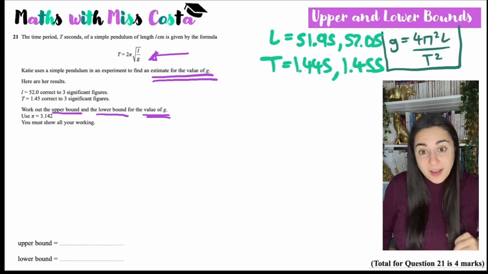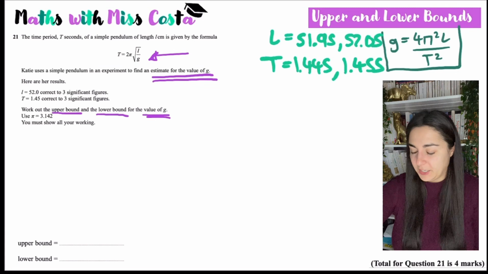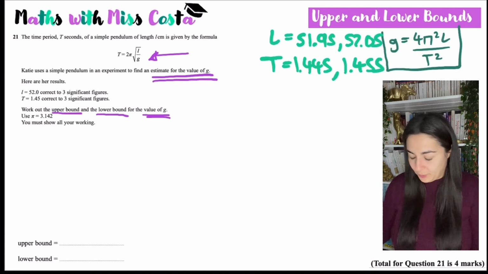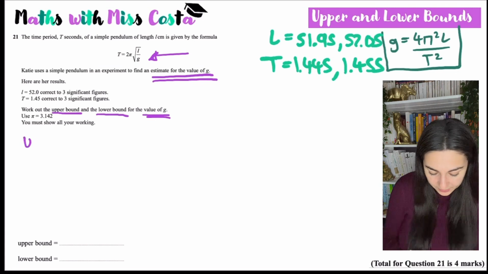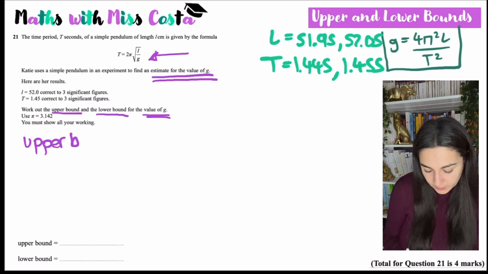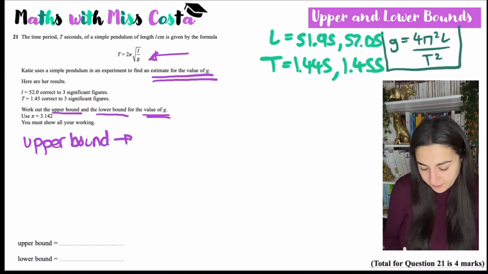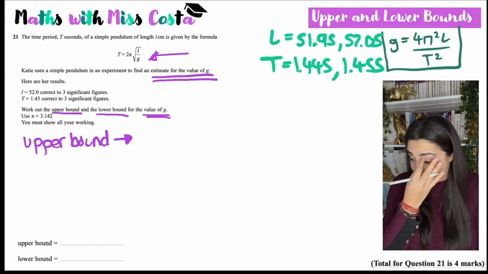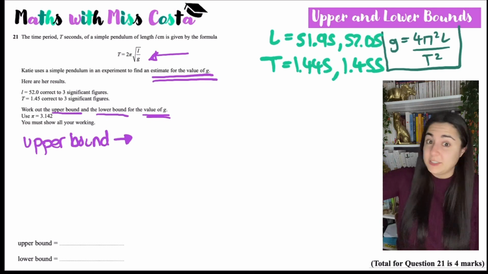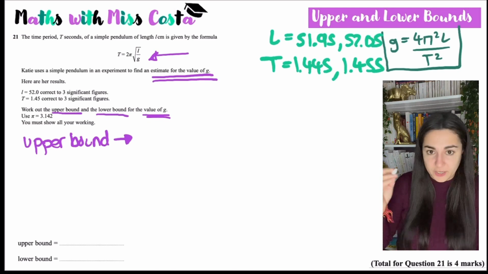But if you're quite used to bounds and you know kind of what you're doing, then to work out an upper bound, so essentially to get the largest value we can, we want to get the largest value on the numerator.